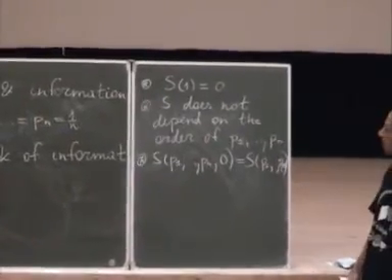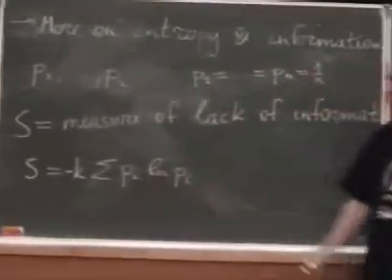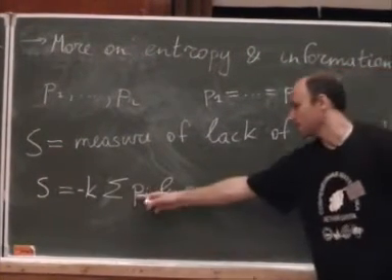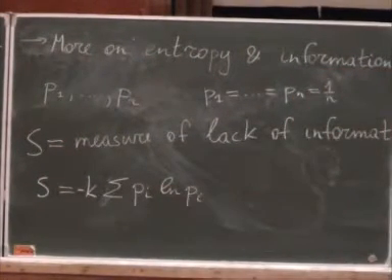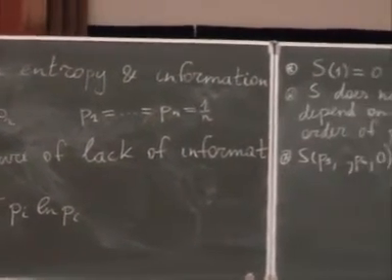There is nothing new. And if we substitute p equals 0 here, well, the logarithm of 0 is not well defined, but p times log p tends to 0 as p tends to 0. So it's the natural extension of this formula.